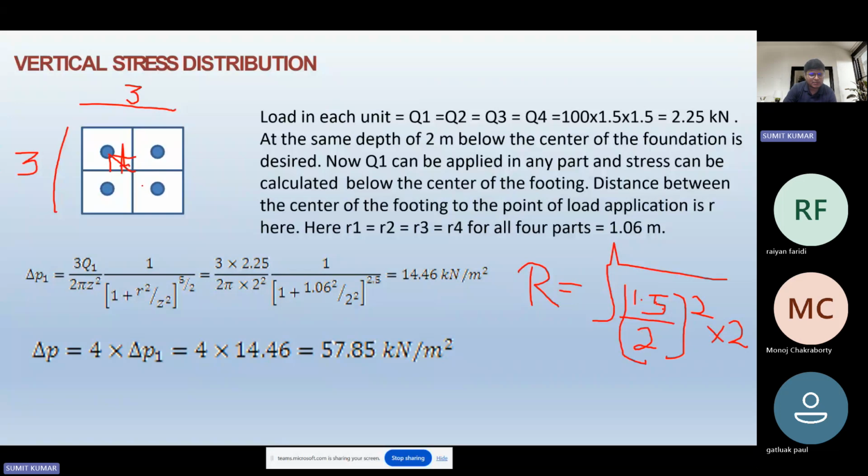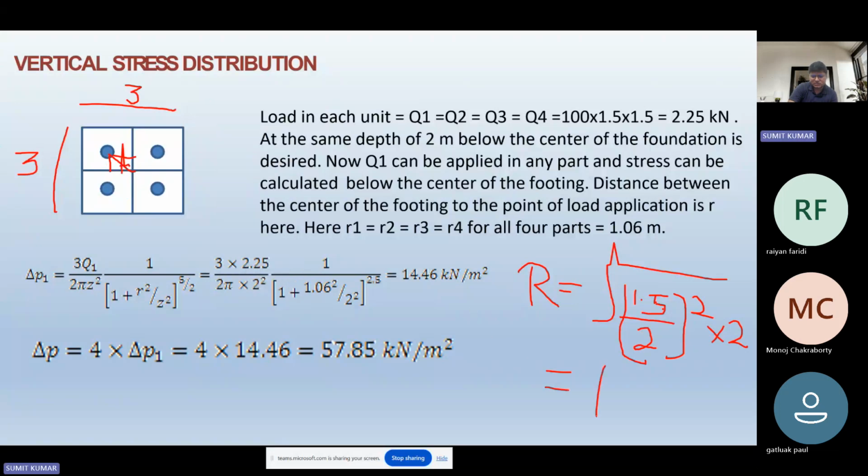Hence, we could calculate the value of delta P1, which comes to be 14.46. How do we calculate delta P1? We have calculated it as 3Q1 by 2 pi z square, that is z is 2 only, and 1 by 1 plus r square by z square, where r value is 1.06.